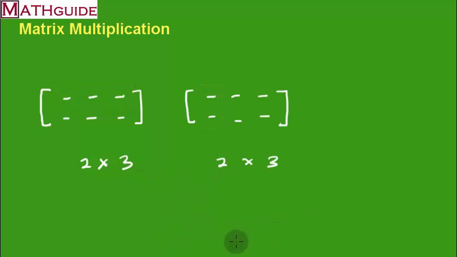So let's take a look at an example that does work. I'm going to get rid of all this. Let's start with another set. Let's say we have a 3 by 2 matrix. In other words, we've got 3 rows and 2 columns. And let's say we multiply it by a 2 by 4 matrix.